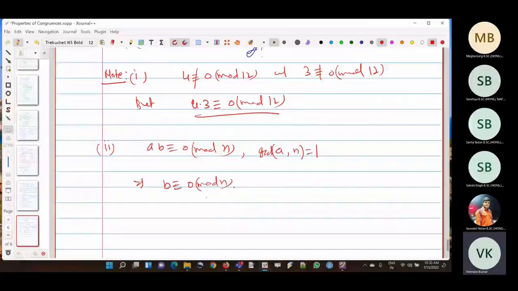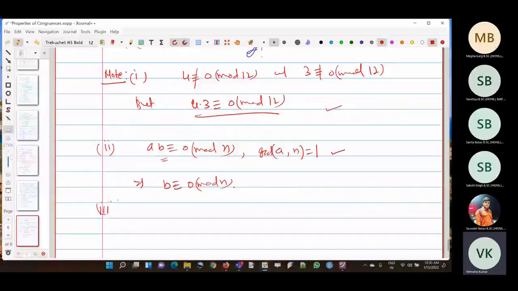Because A and n are relatively prime, A is non-zero here, so the other one has to be zero. So the first happens in a non-integral domain, and this happens in an integral domain. If the product is zero, at least one of them is going to be zero.